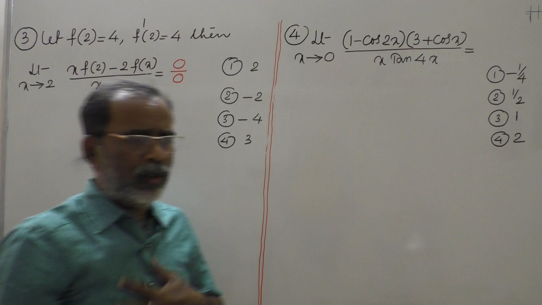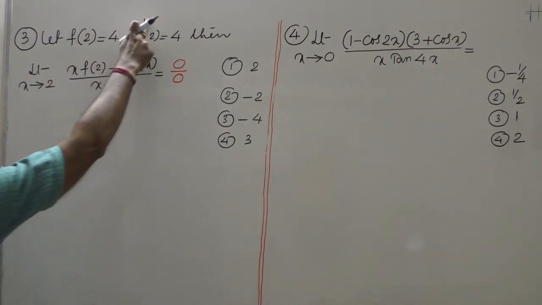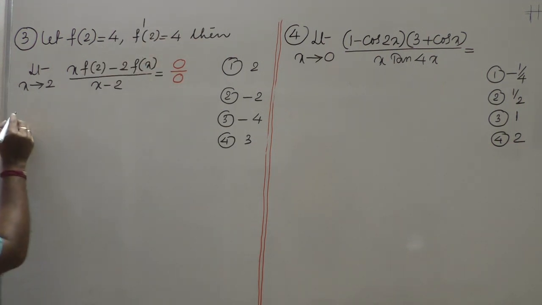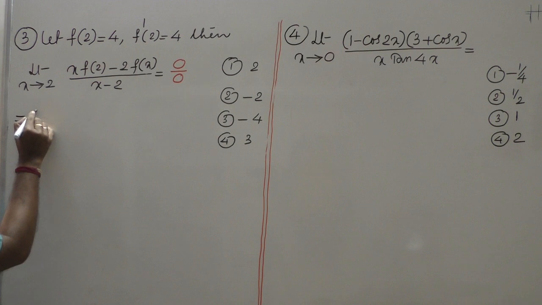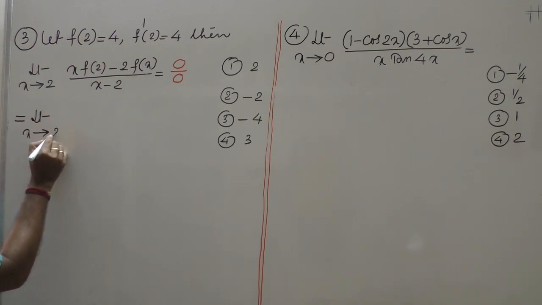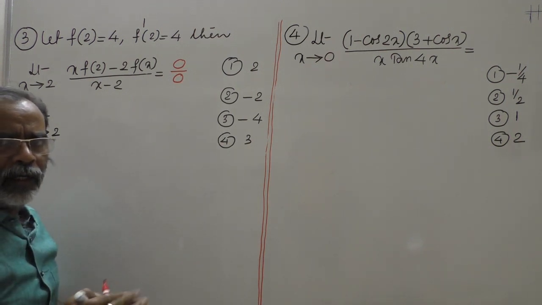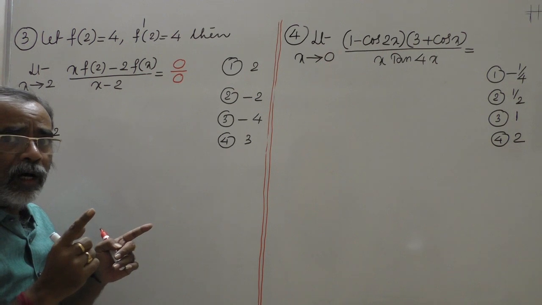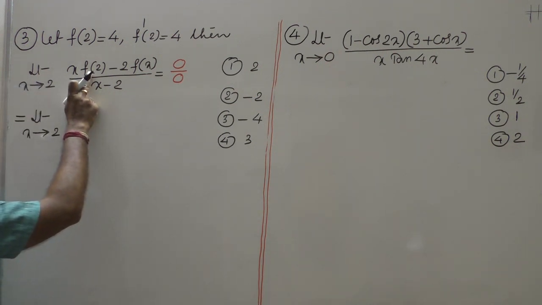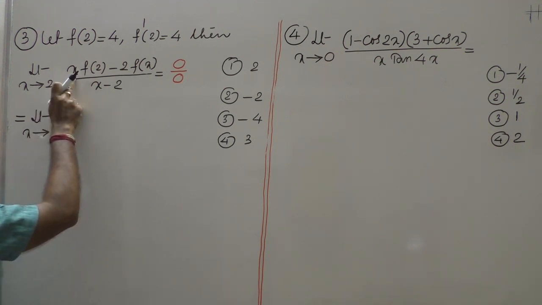For 0 by 0, I can use L'Hospital rule, which is simple. Even here the derivative is also given. Therefore, using L'Hospital rule, the limit extends to 2. What does this rule say? Differentiate numerator and denominator separately until we get a determined value. Here f of 2 is a constant, therefore you should differentiate x.